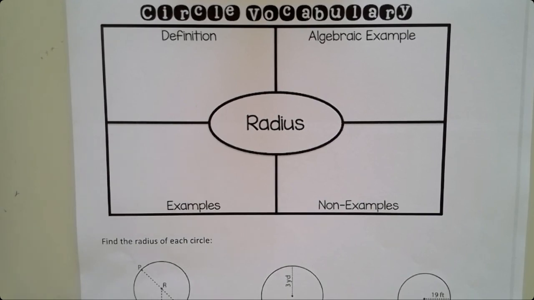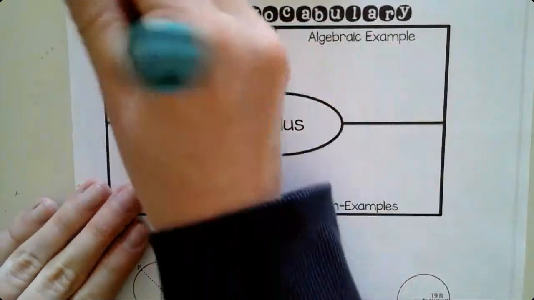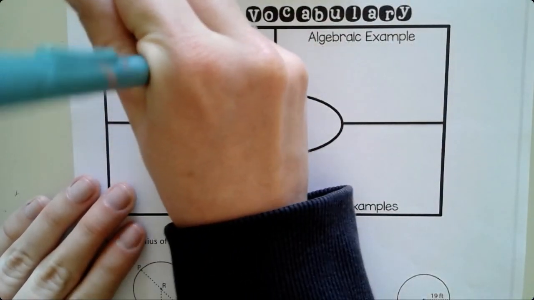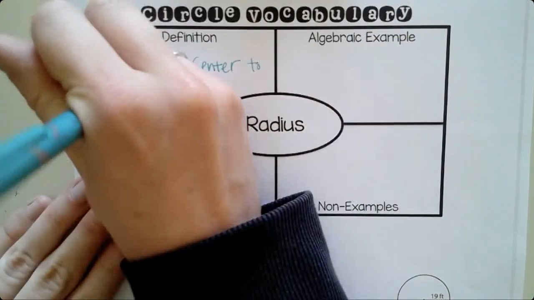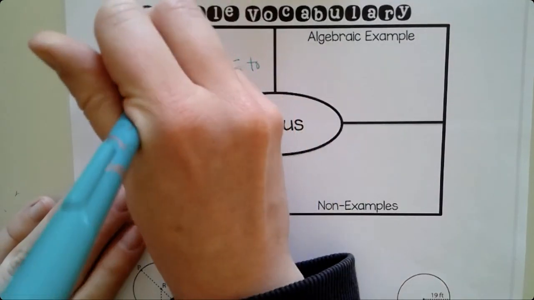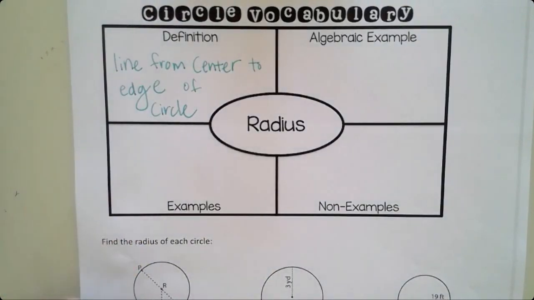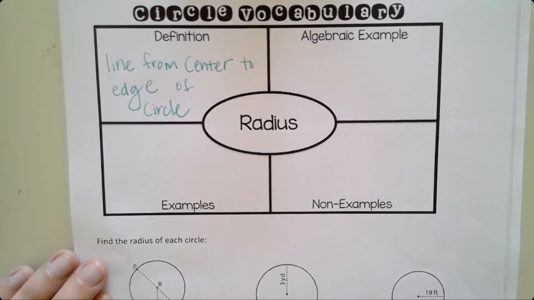And the radius is a line from center to edge of circle. So it's a line from the center to the edge of a circle.